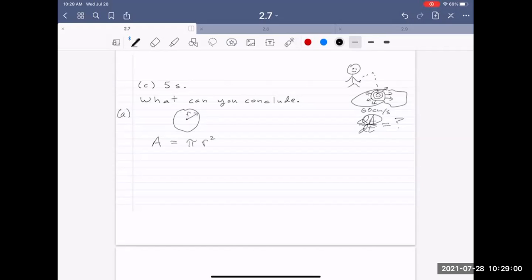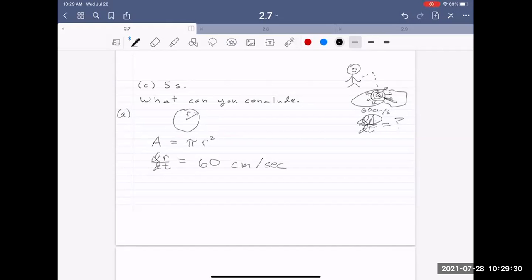I know that each of these radii is going out at this speed. Therefore, if I travel along this radius, it's going out at a speed of 60 centimeters per second.